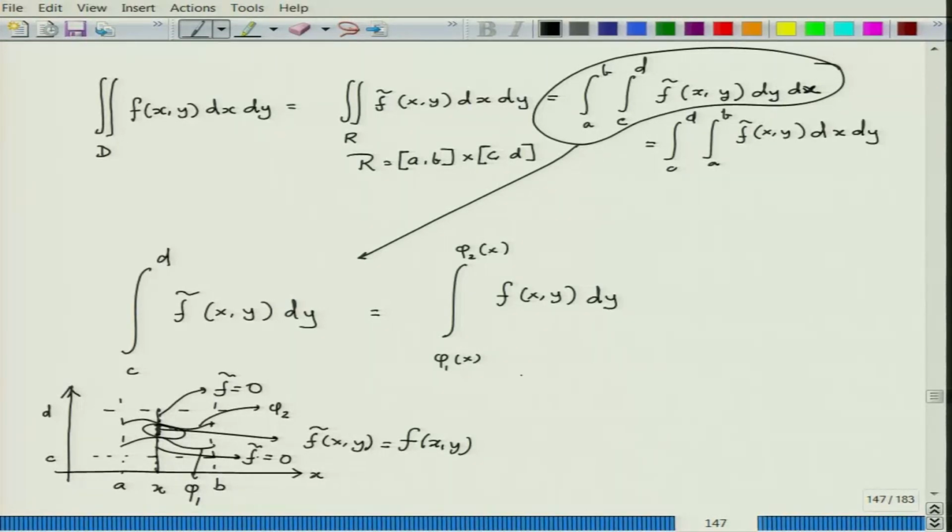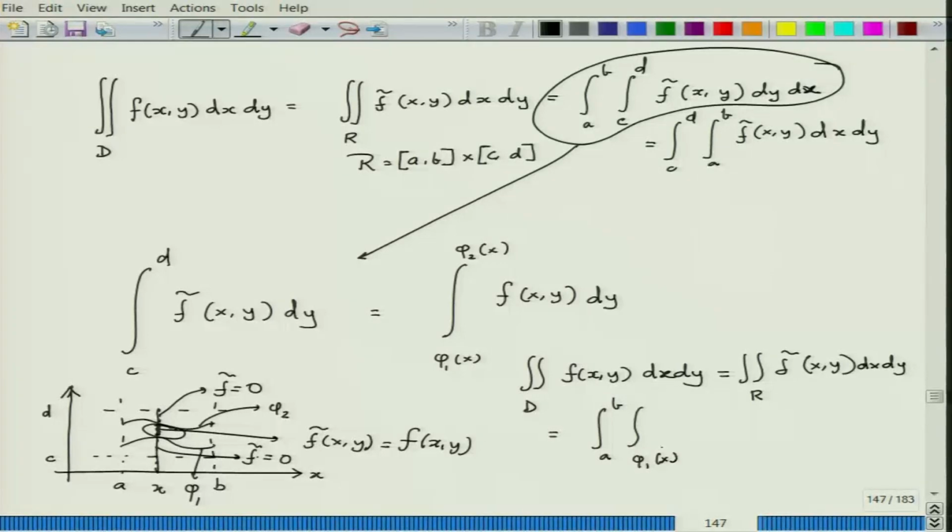And once you know that, then because this is the same as the integral over R of f tilde xy dx dy, this would now be the same as the integral from a to b, the integral from phi 1 x to phi 2 x of f xy dy dx, because I have computed the interior part.